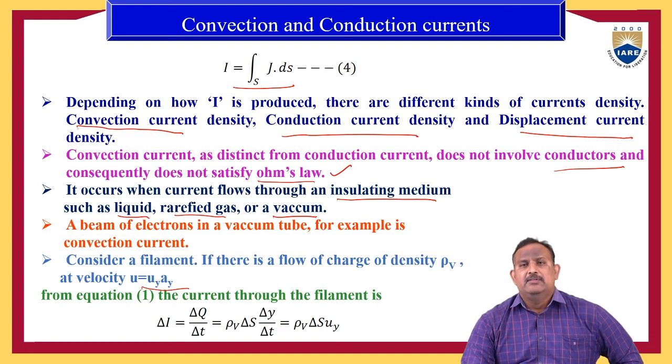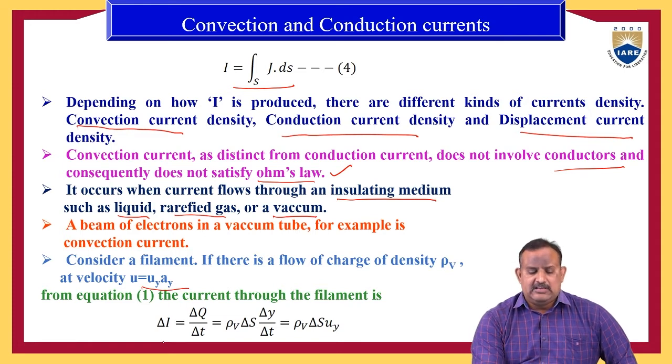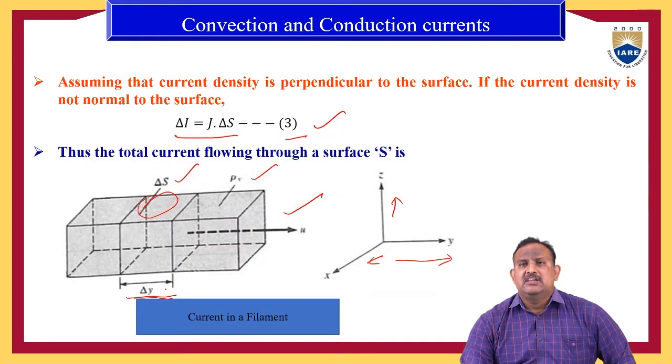From equation 1, the current is the rate of change of charge. Therefore delta I is equal to delta Q by delta t, where delta Q is the change in charge in a filament.